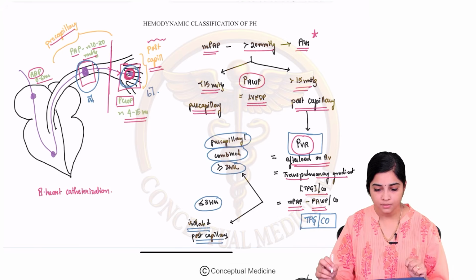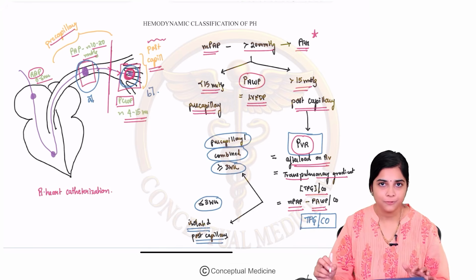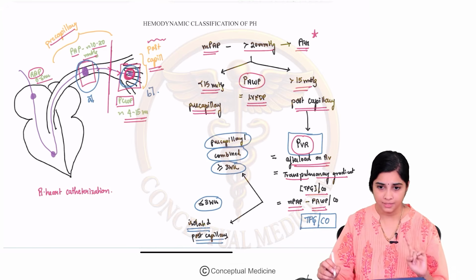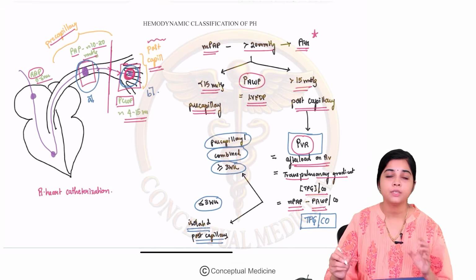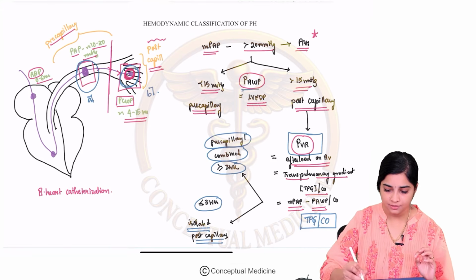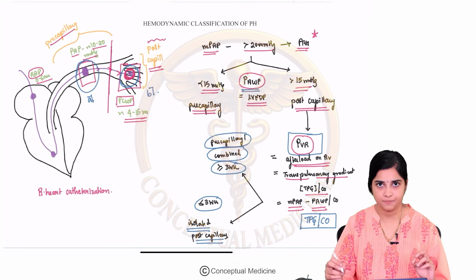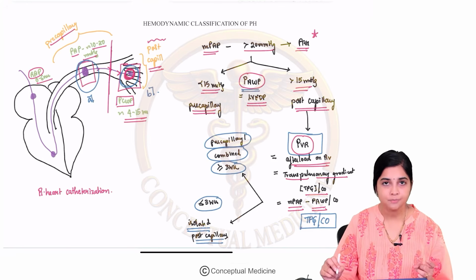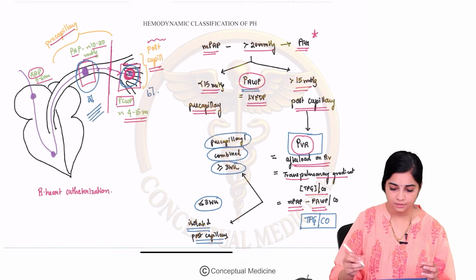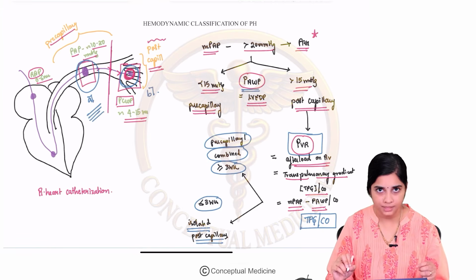Okay, fine. So this might seem a little bit confusing. Let us just revise this once more. So once you have diagnosed pulmonary hypertension, you are going to divide it into pre-capillary versus post-capillary based on the pulmonary artery wedge pressure, right? So if the pulmonary artery wedge pressure is less than 15, then it is due to a cause up till here. So it is a pre-capillary pulmonary hypertension.